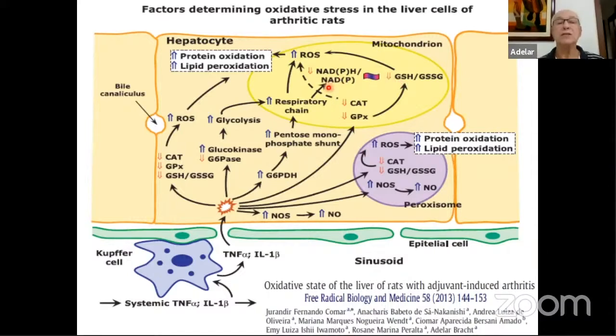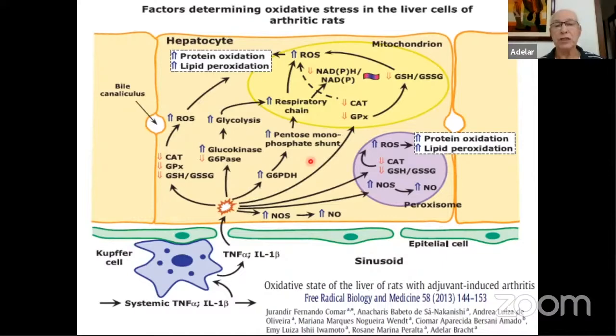And all this leads to several modifications, which include increase in reactive oxygen species, which means increase in protein oxidation, increase in lipid peroxidation, and so on. There is also an increase in nitric oxide synthase, decrease in antioxidant enzymes, and so on. All these parameters can be measured.